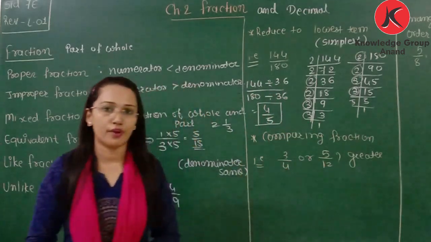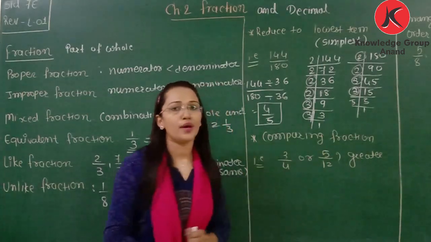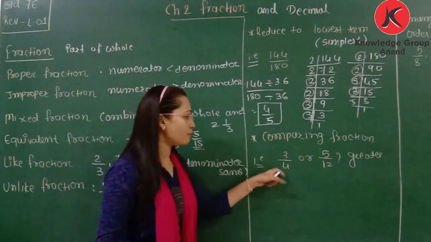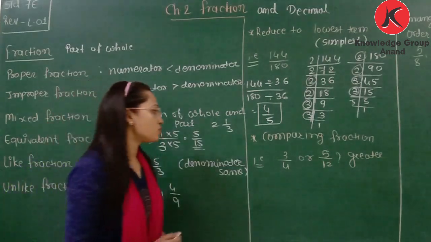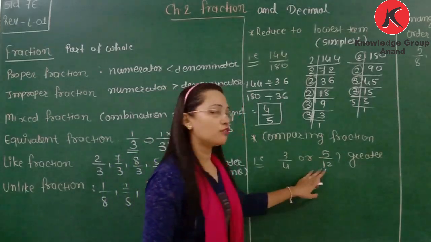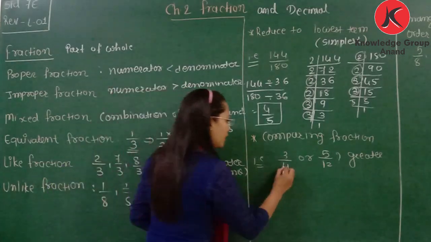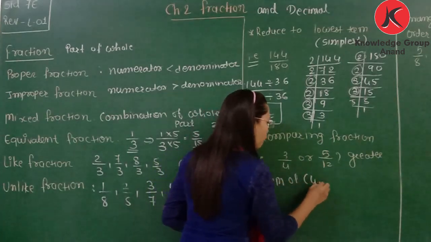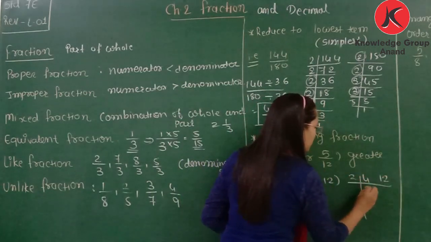After that, comparison of fractions. If this kind of example is given, 3 by 4 or 5 by 12, this comparison is also used in examples. If we want to compare 3 by 4 and 5 by 12, we already learned comparison in the previous class. So here what we need to do? Make the denominators the same to compare the fractions. Without that we cannot compare the fractions. So to make the denominators the same, we need to find the LCM of 4 and 12.